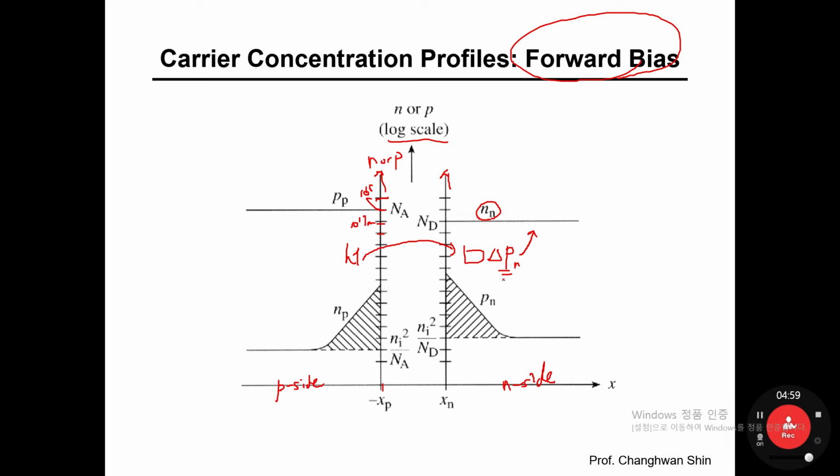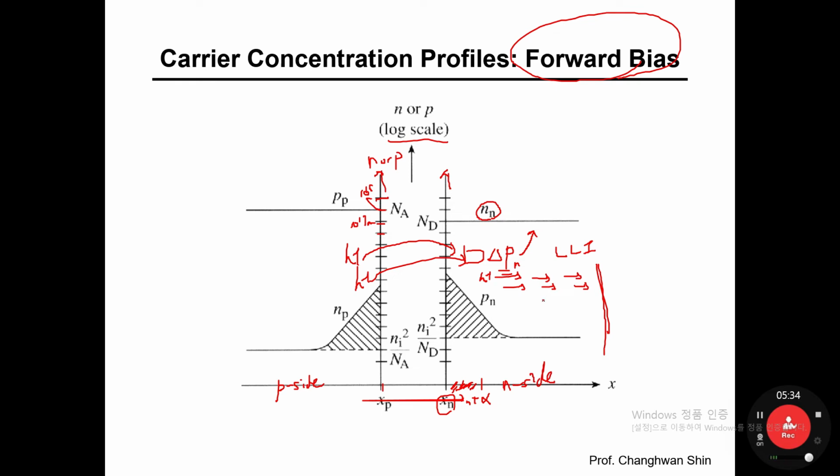So this is described as low level injection as well. Once holes have arrived at x equals xn, near the depletion layer, they begin to diffuse out. So the holes are now diffusing toward the opposite side of the n-side quasi-neutral region.